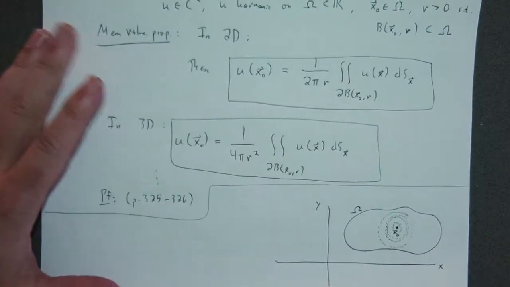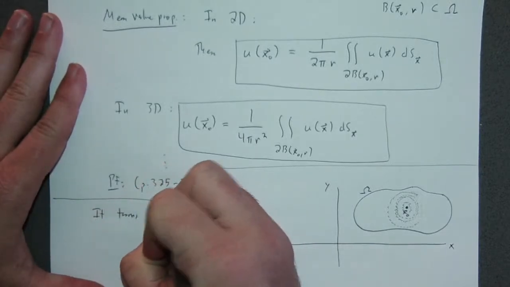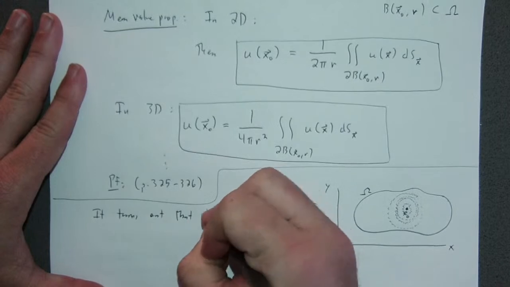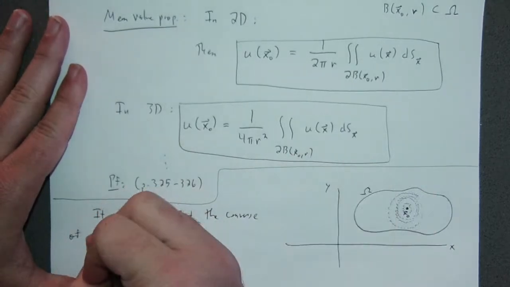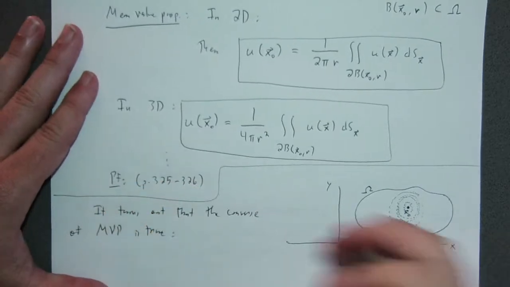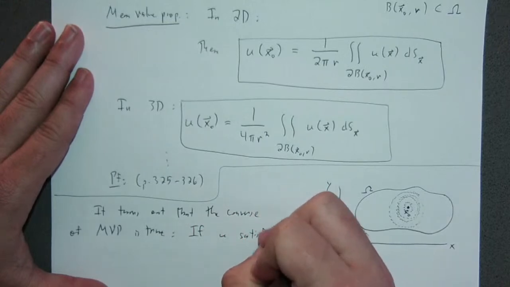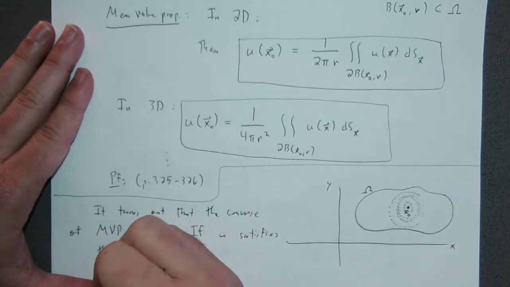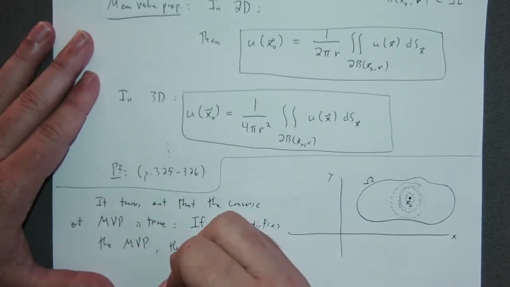Okay, and it turns out that the converse of the mean value property is true. If U satisfies the mean value property, then it is harmonic.